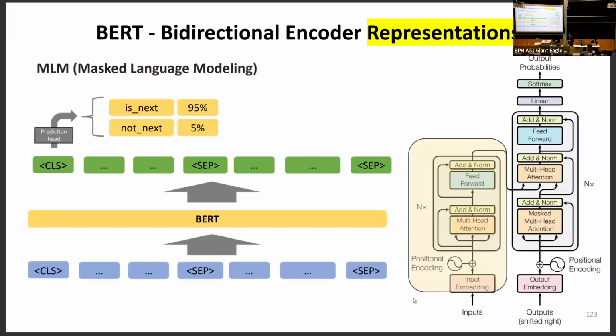I think that's mistyped there. That's a typo. This is actually NSP, next sentence prediction. The objective there is not for BERT to predict a masked token. It is for BERT to predict whether one sentence is an immediate neighbor of another. So you concatenate these two sentences together and delimit them with the classification and separator tokens.